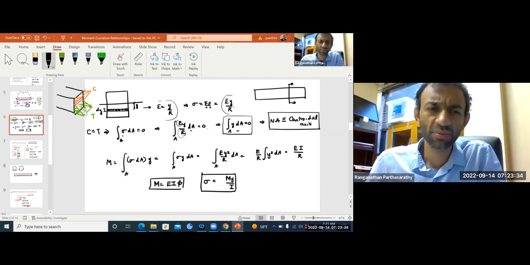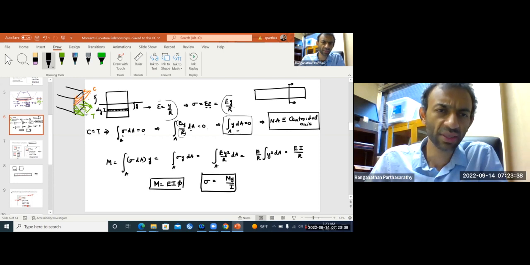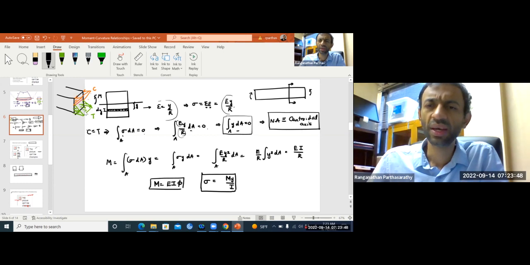So your next equilibrium equation is moment equilibrium. Whatever moment you are applying should be equal to the internal bending moment at this cross section.